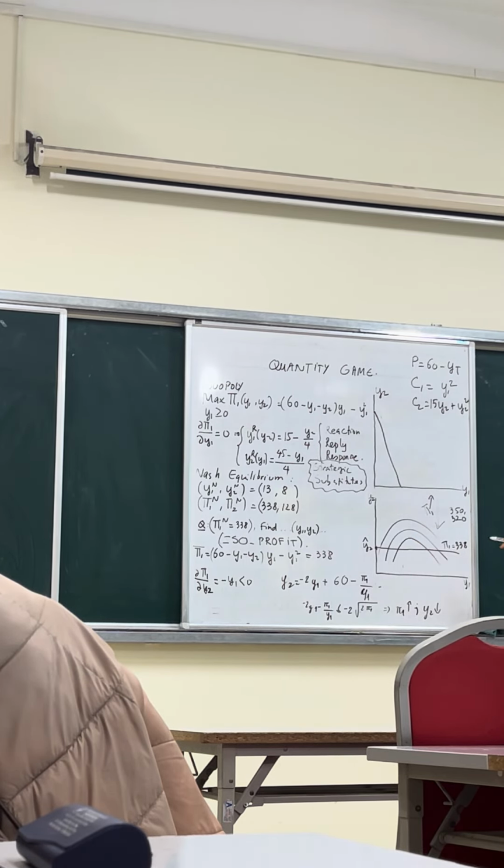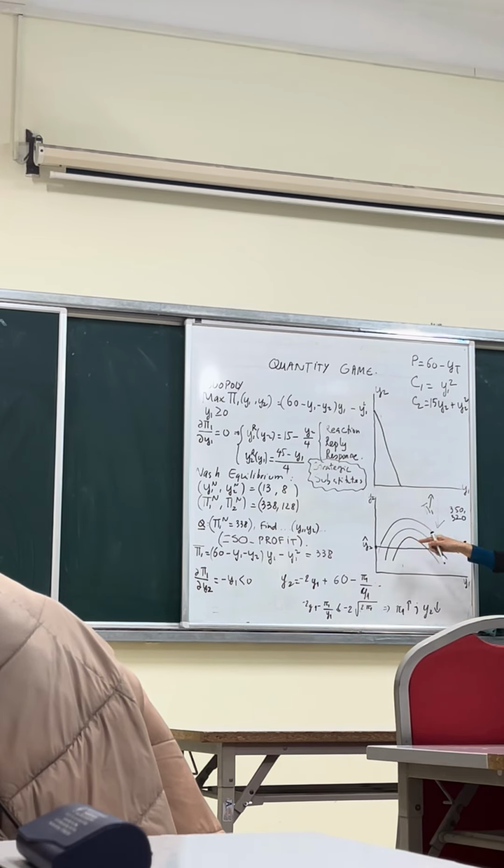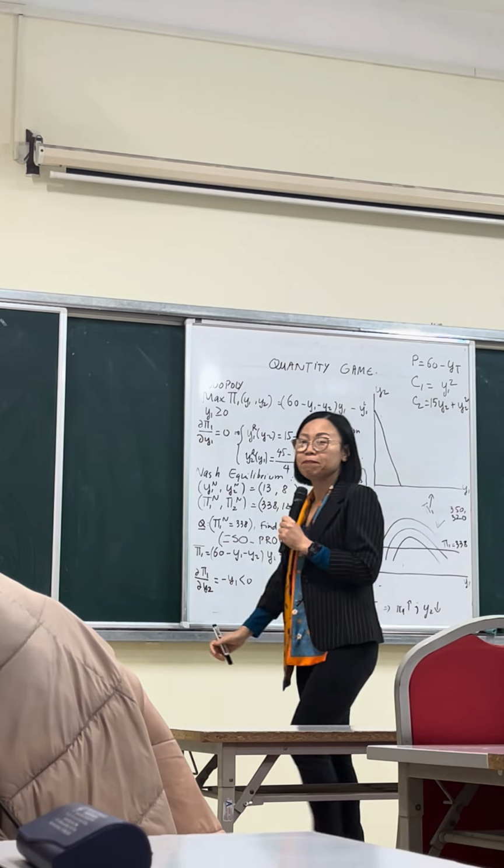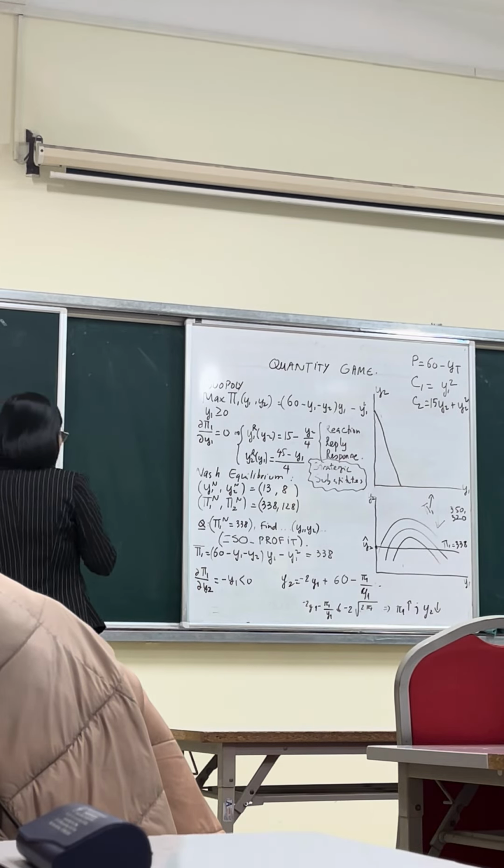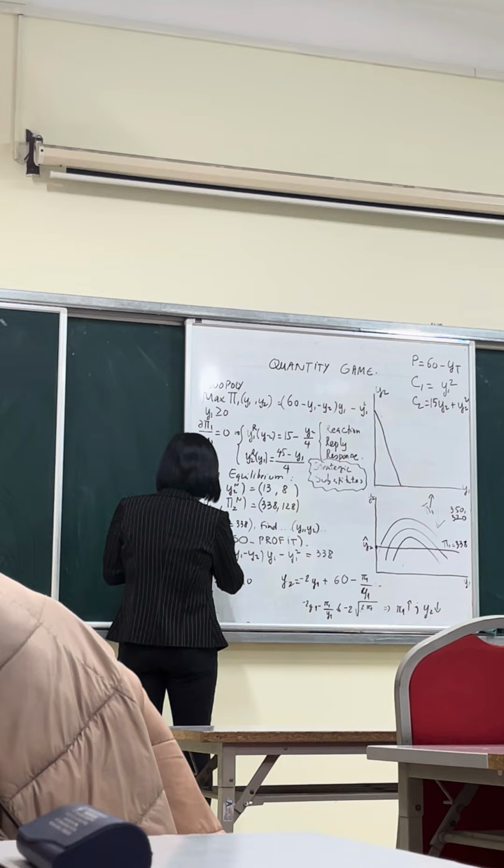Y2 remains unchanged as y2 hat. You show me one point. You show me the point that corresponds to the output of firm 1, so that profit of firm 1 is maximum. So this is one question.